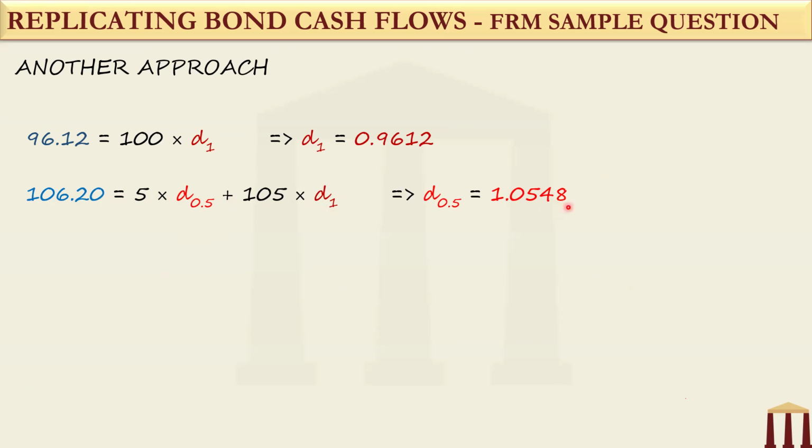Now here, if you see carefully, the discount factor is actually greater than 1. Okay, 1.05.